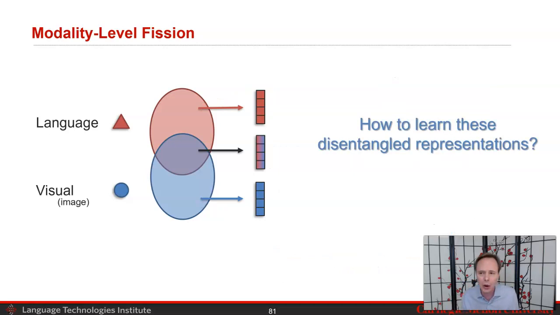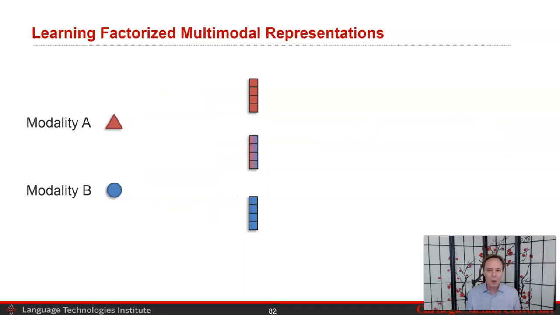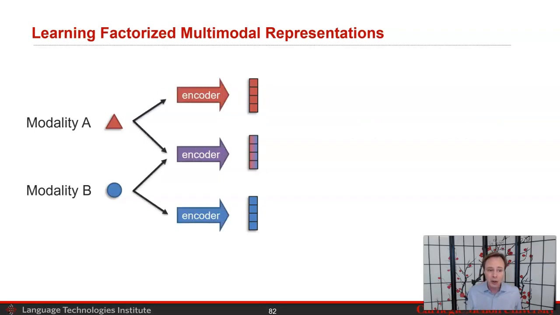So how do we learn this, and how do we learn this disentanglement between representations? One way to do it is to learn modalities and then learn 3 encoders from it. One encoder takes only modality A, another encoder takes both modalities together, and then modality B. And you could imagine having a loss term that will say, hey, I want them to be different from each other.